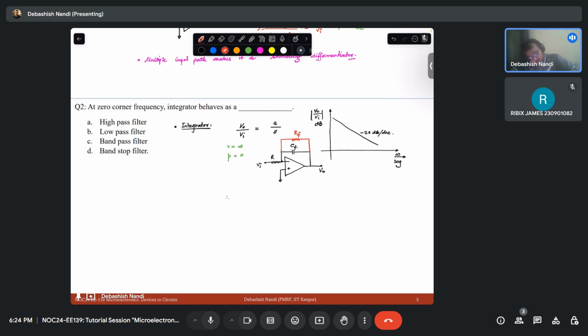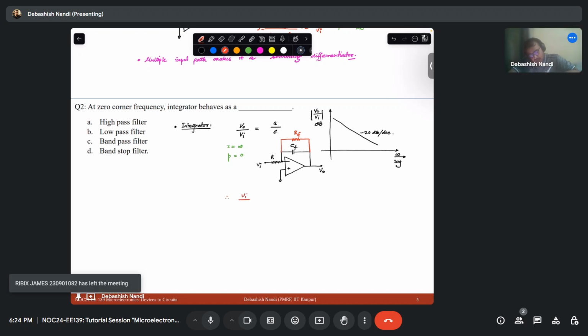Now if you write the transfer function, you will have Vi over R equal to minus V0 over the impedance of this combination. What is the impedance of this? You have 1 over R equivalent equal to 1 over RF plus SCF. So your R equivalent will be RF over 1 plus SCF RF.